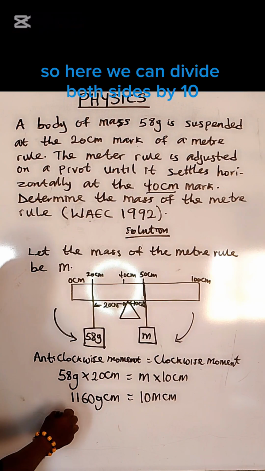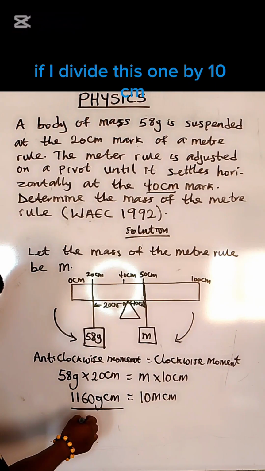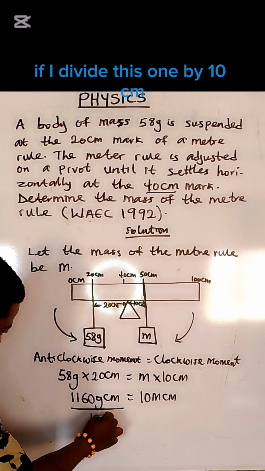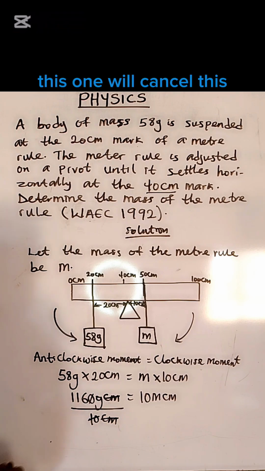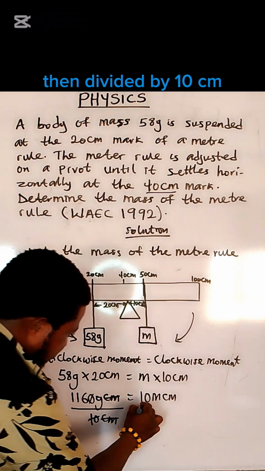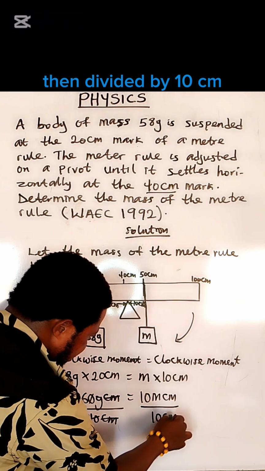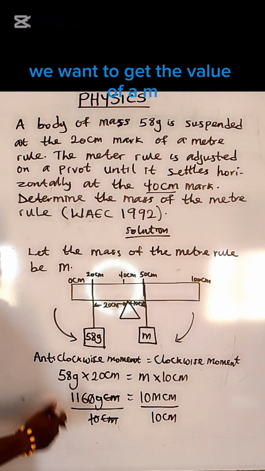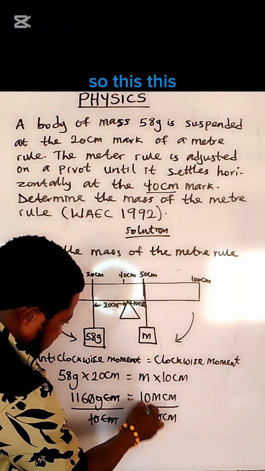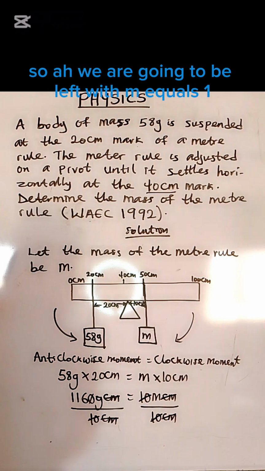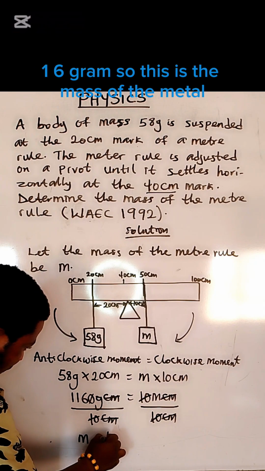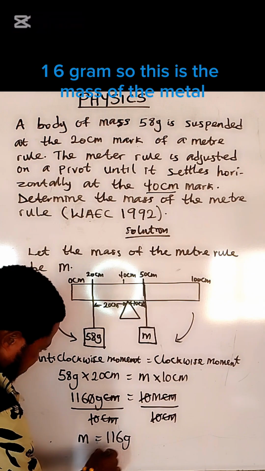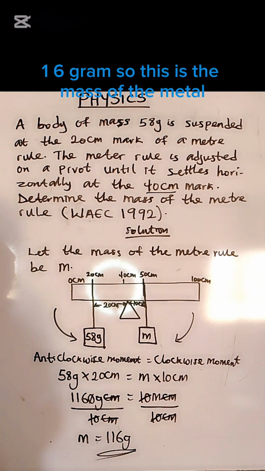So here we can divide both sides by 10 centimeter. You know why we are dividing by 10? We want to get the value of m. So we are going to be left with m equals 116 gram. So this is the mass of the meter rule.